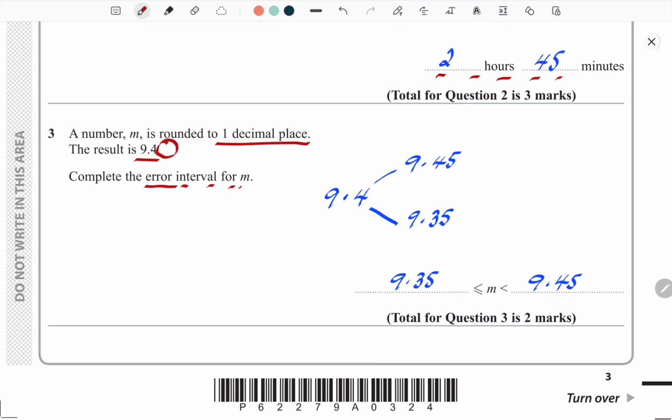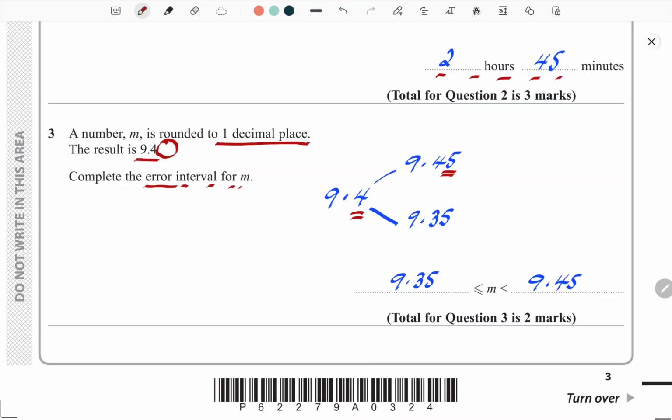So the error interval, it could have been as high as 9.45, okay, and as low as 9.35. So in other words, if it's rounded to one decimal place, so that's that number there, the next one would go sort of like 0.5 up or 0.5 down. Okay, so hopefully that's self-explanatory.